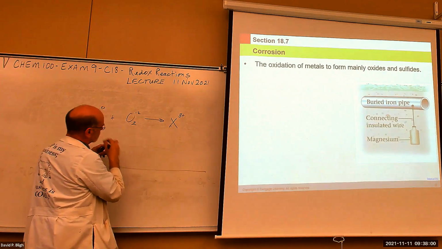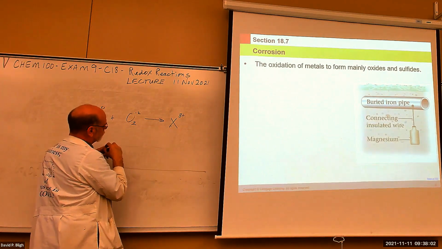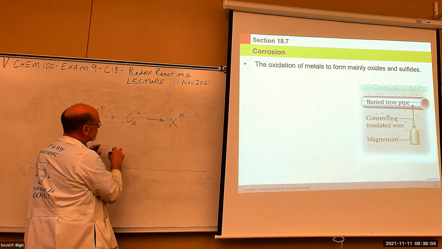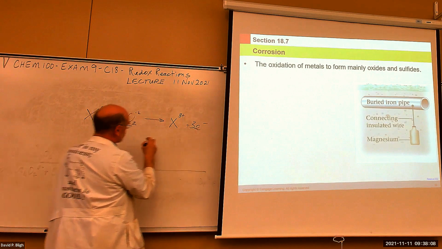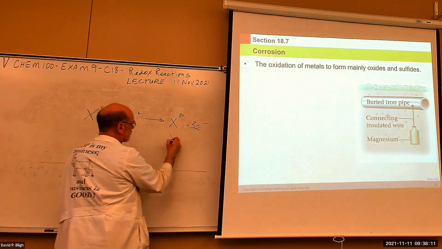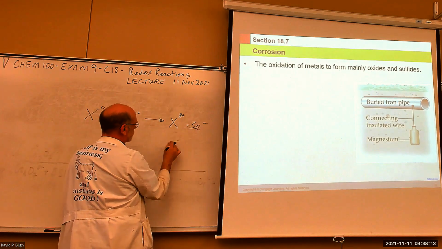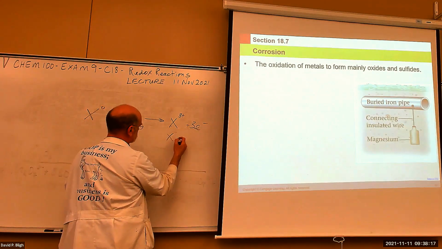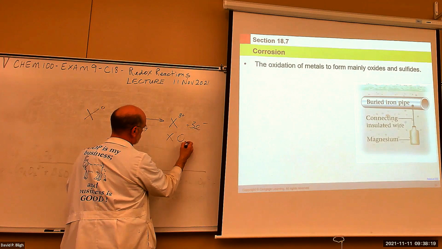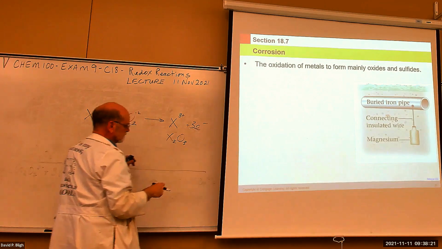So in order for the oxygen, and we also have free electrons, in order for the oxygen to combine with it, it would have to be, let's see, X, like that.